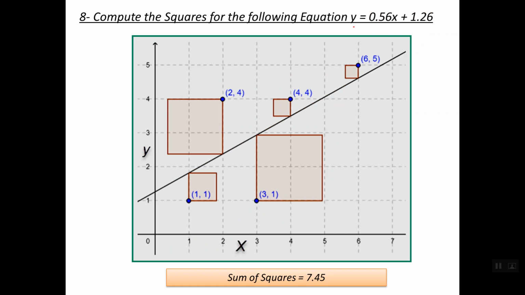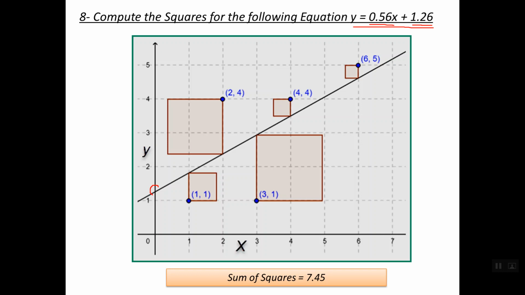Now we use another straight line. This is simply a new straight line with the formula y equals 0.56x plus 1.26. So this is the slope of the new straight line, and this is the y-intercept.